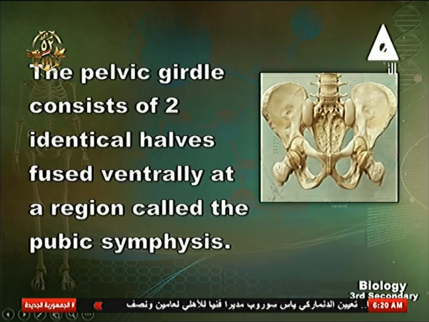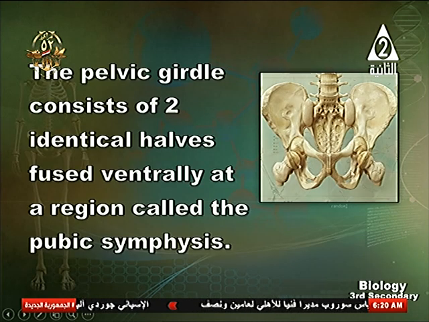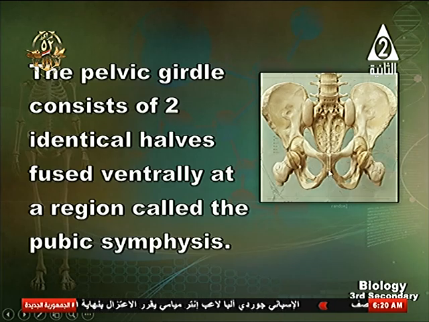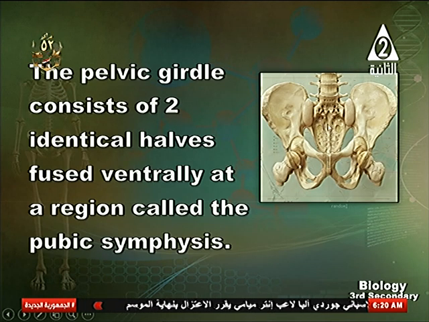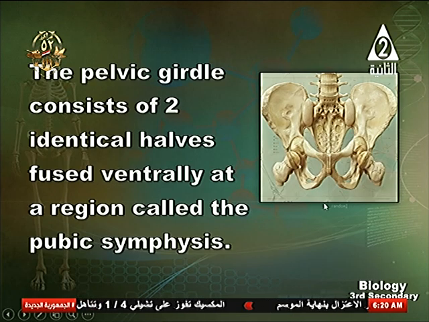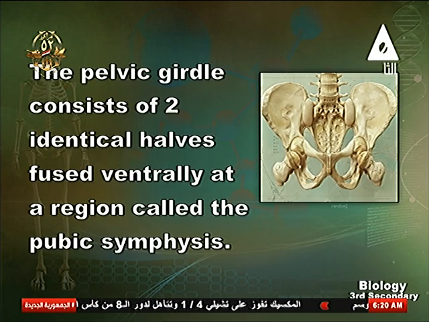The pelvic girdle, again, consists of two identical halves fused ventrally at a region called the pubic symphysis. This is the pubic symphysis, and this is another picture of the pelvic girdle, so you collect a lot of pictures to understand it exactly.